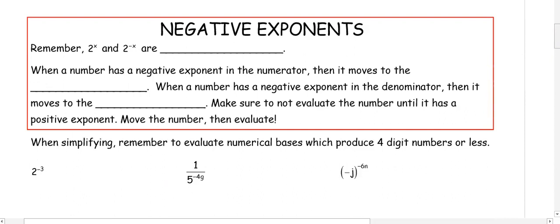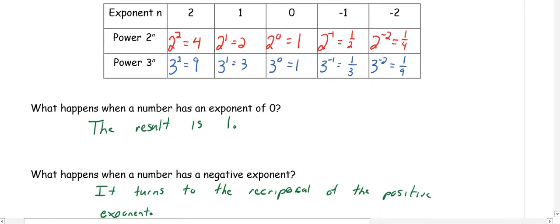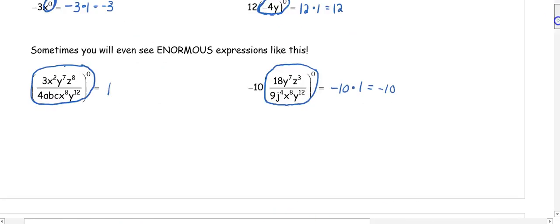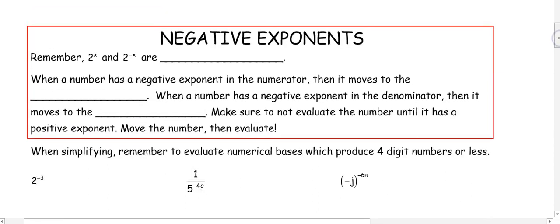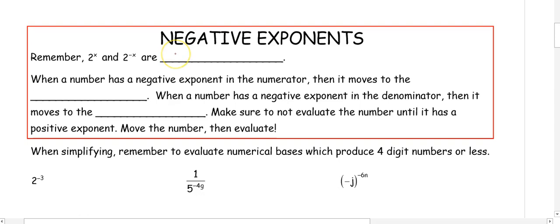Now let's switch gears and look at negative exponents. Remember from the table before when we had 2 to the x and 2 to the negative x, so if we have 2 to the 2 and 2 to the negative 2, those are reciprocals of each other.